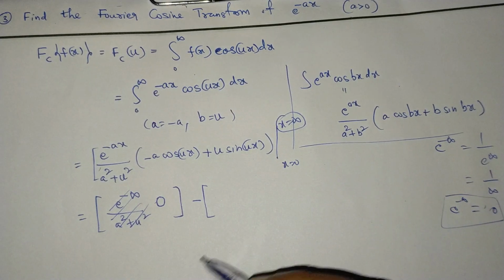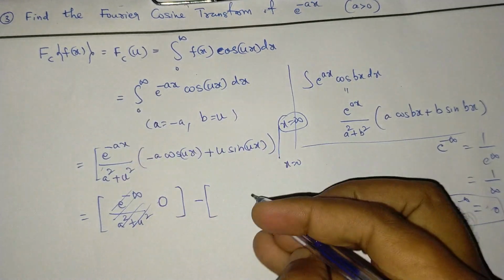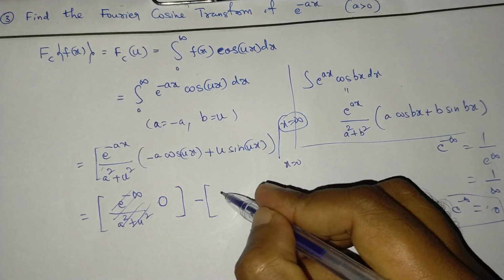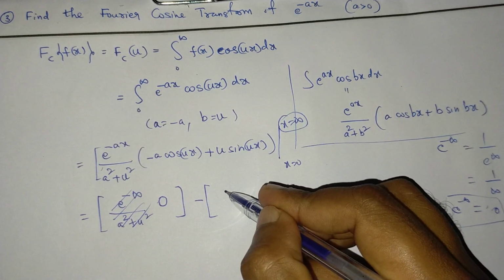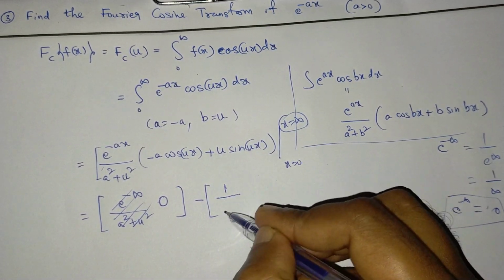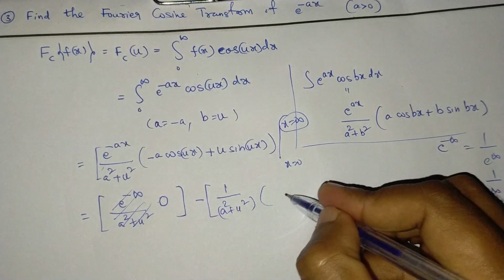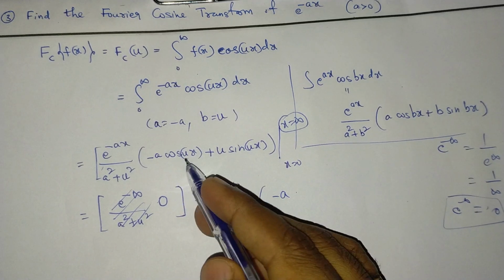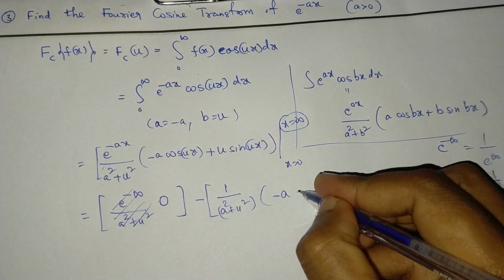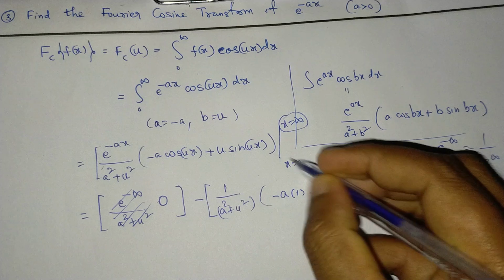Now let us calculate the lower limit, x equal to 0. e power minus a into 0 is e power 0, which is 1, divided by a square plus u square, into minus a cos 0 plus u sin 0. Cos 0 is 1 and sin 0 is 0.